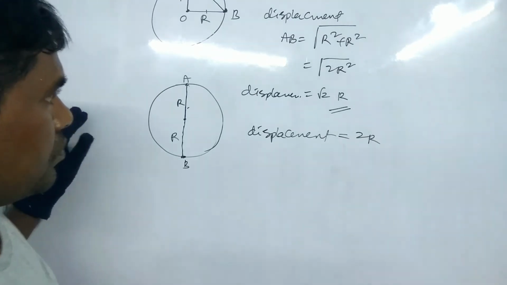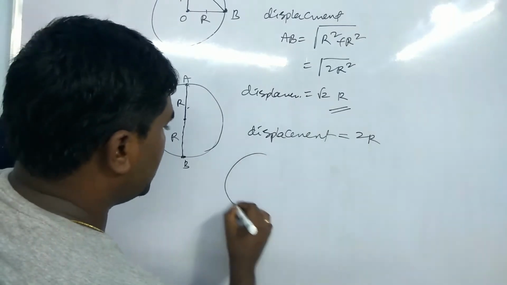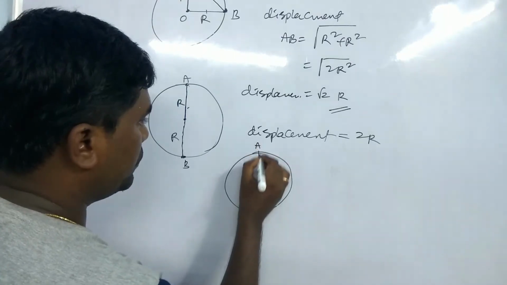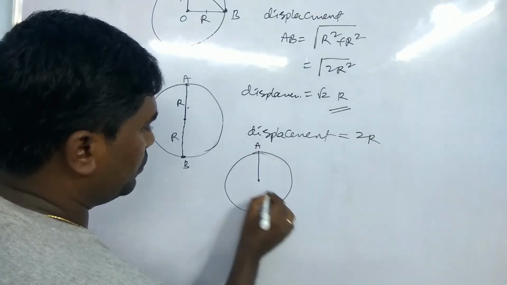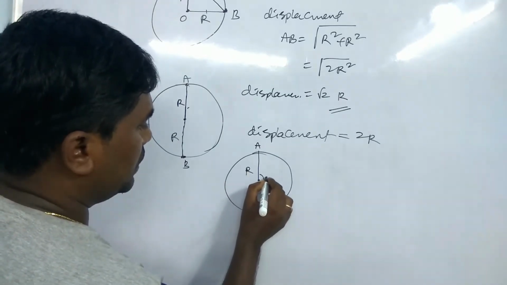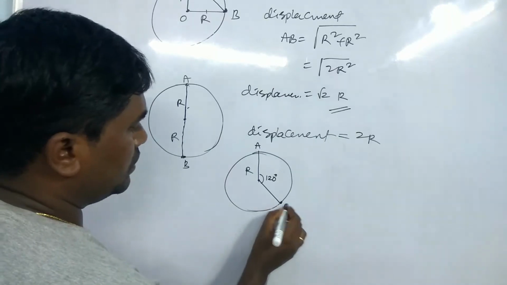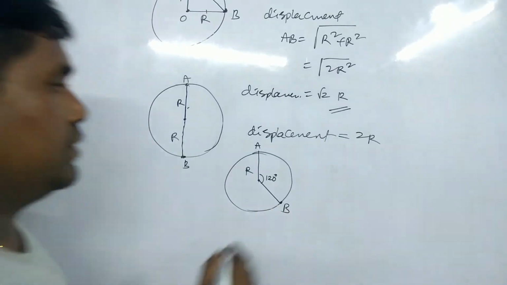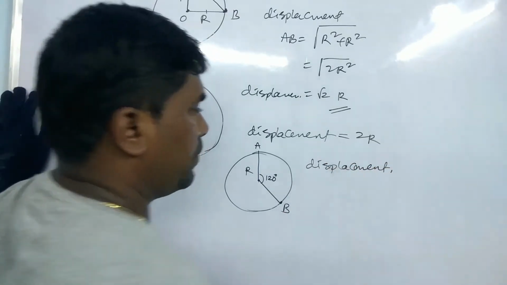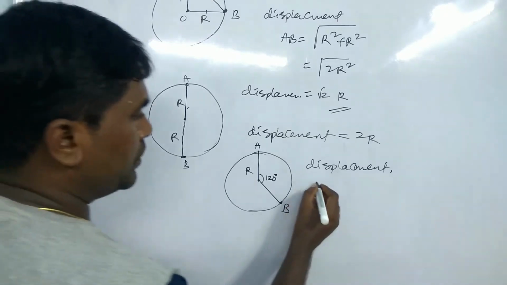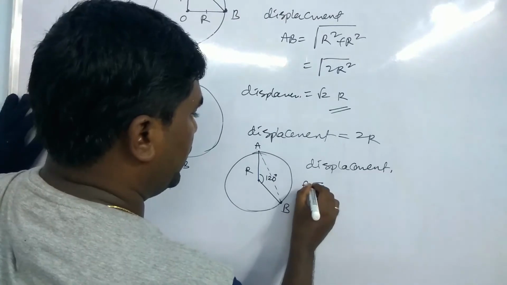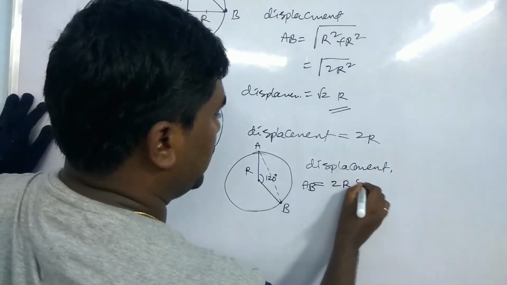For example, if a particle is moving in a circular path from point A to point B, having radius r, and theta is 120 degrees, we have to find the displacement. The displacement AB is equal to 2r sin theta by 2.